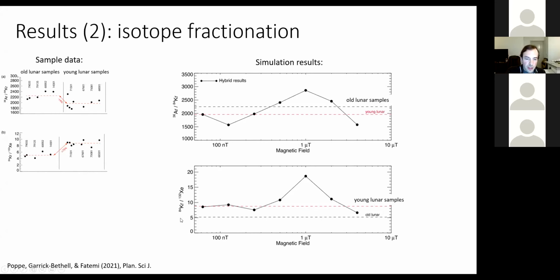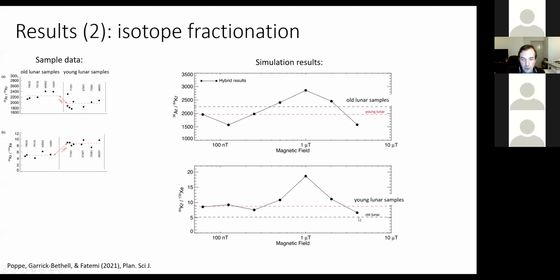So it's possible that a strong magnetic field in the past may explain the isotope ratios in the sun for some old samples. Our code stopped being functional at these higher fields, and so we want to carry this to higher field values in the future.